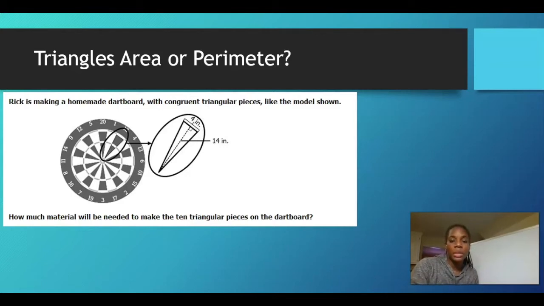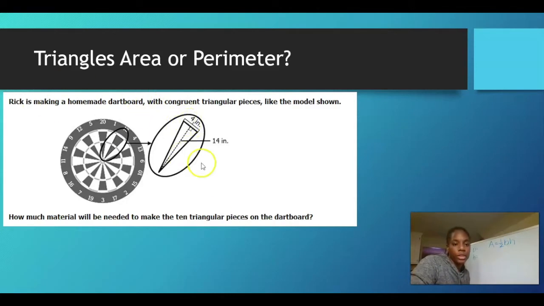So what we'll need to do is use the formula A is equal to 1/2 base times the height, like we did on day 1. All right, and I like to use my key.